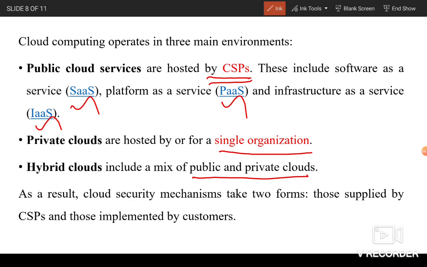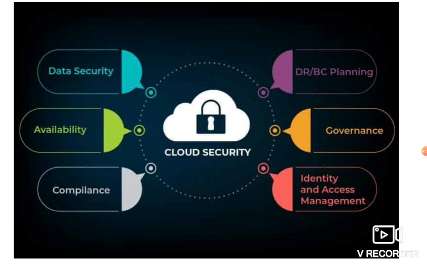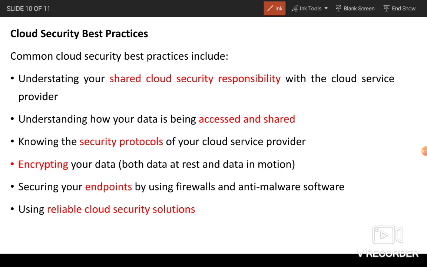When we think about cloud security, we have to consider the security supplied by the cloud service provider as well as the security implemented by the customers. These are the things we have to consider for cloud security: data security, availability, compliance, identity and access management, governance, data retention and business continuity planning. What are the cloud security best practices? We have to understand the shared cloud security responsibility with the cloud service provider.